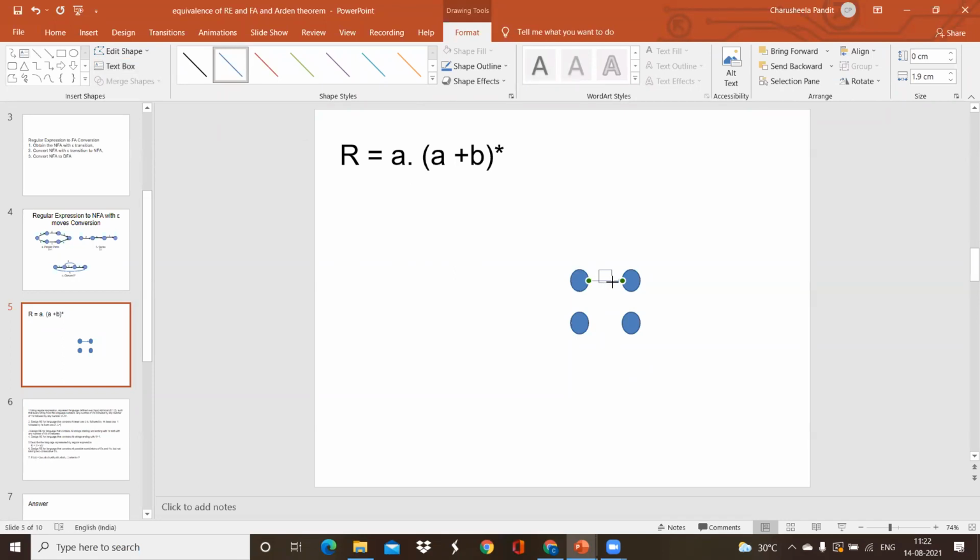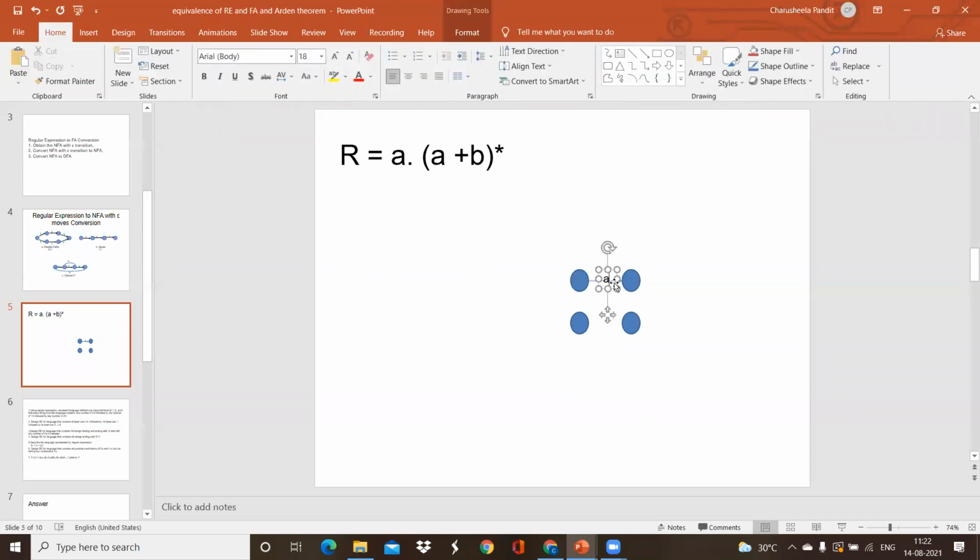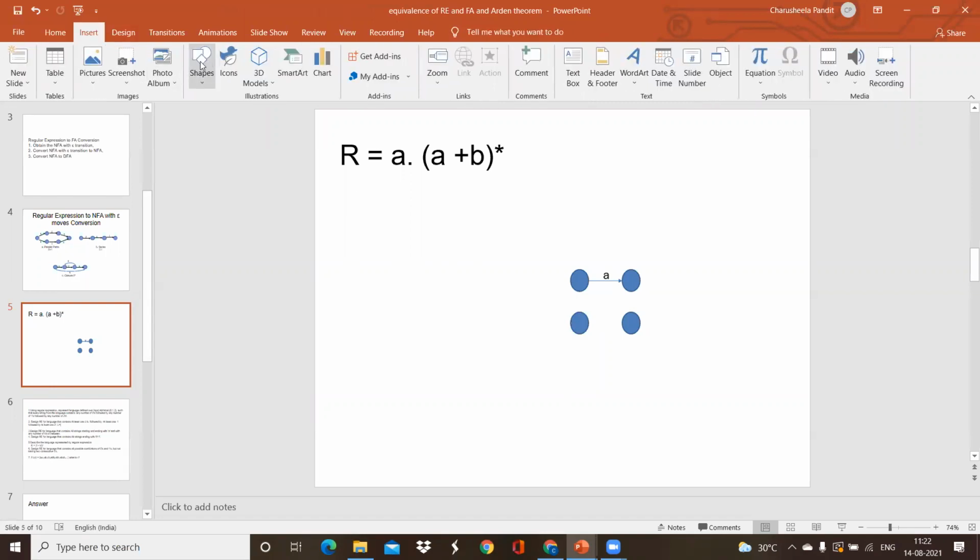First, it is for A. Second one will be for B.